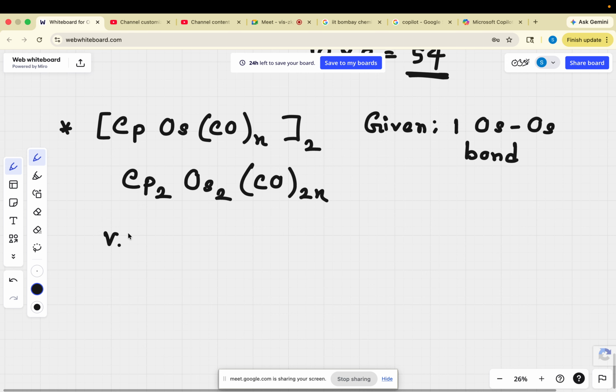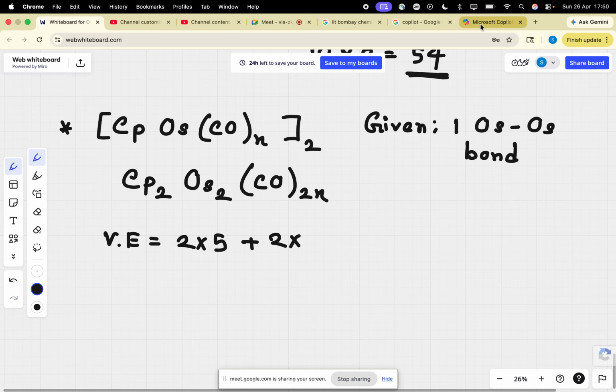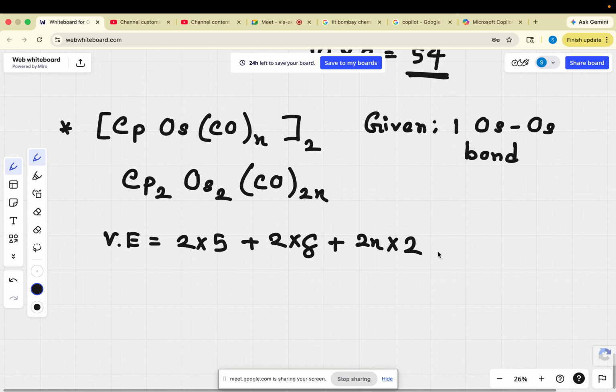So now valence electrons: cyclopentadienyl is donating 5 electrons, so it will be into 5. Osmium is donating how many electrons? 8 electrons. And for carbonyl you will get 2x, and each carbonyl is donating 2 electrons.